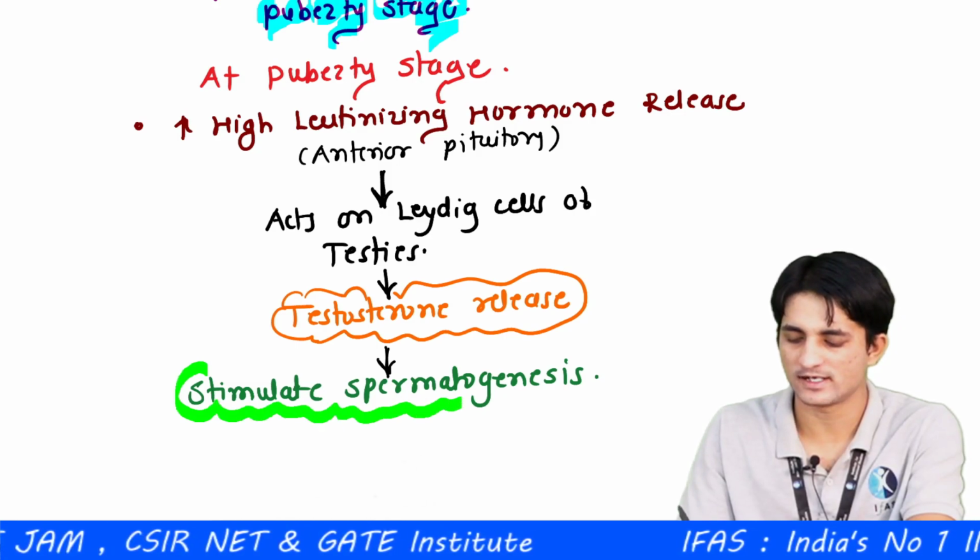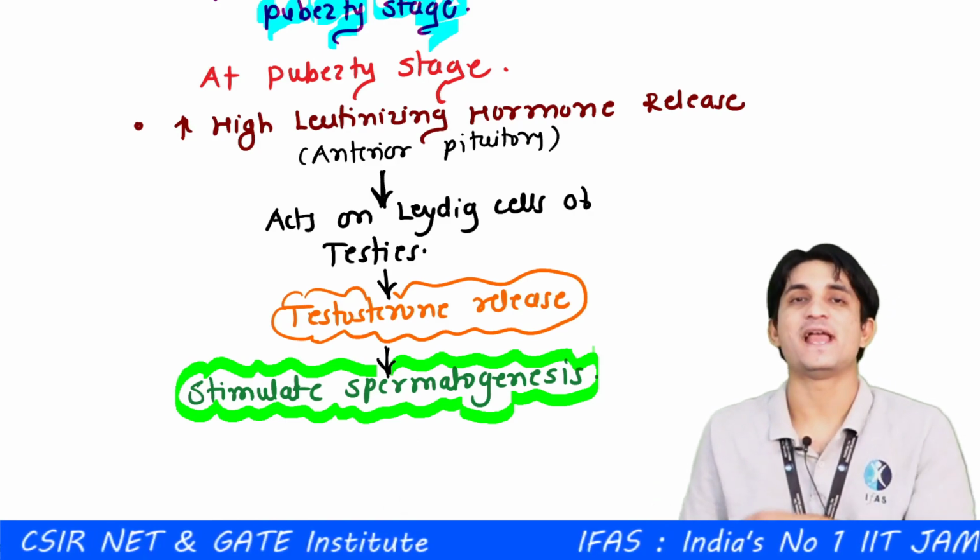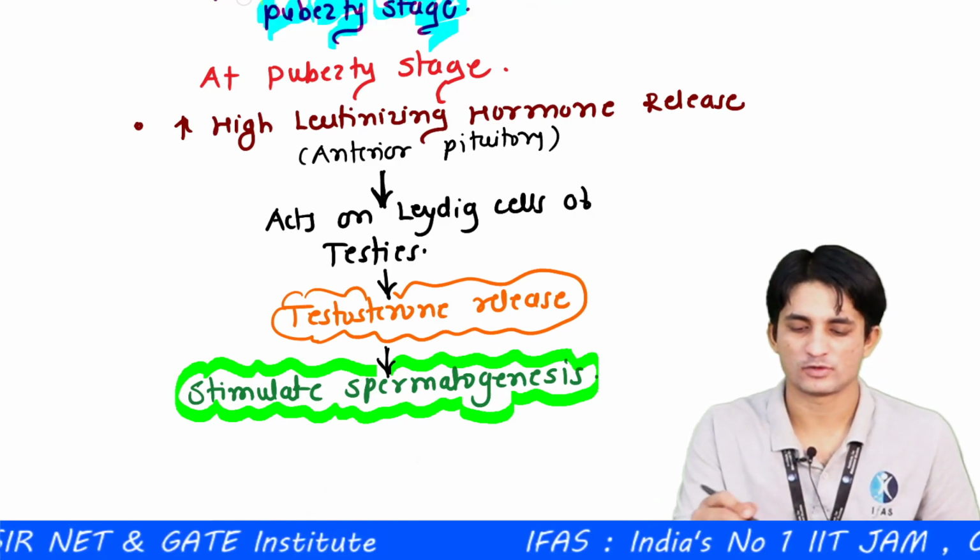So the signal is from the anterior pituitary, and then there is the activation of spermatogenesis.